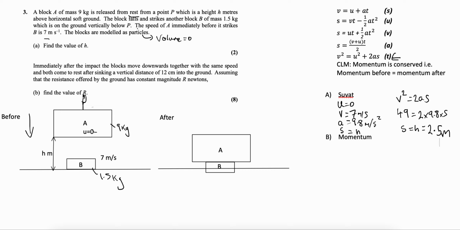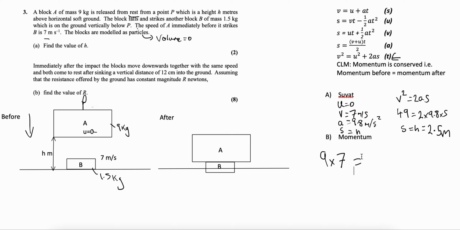So we're going to use the principle of conservation of linear momentum. So the momentum before of the object will be, if you think of mass times velocity of A, so A has a mass of 9 and a velocity of 7, plus mass times velocity of B, well, B has 0 velocity, so that will just come out to 0.